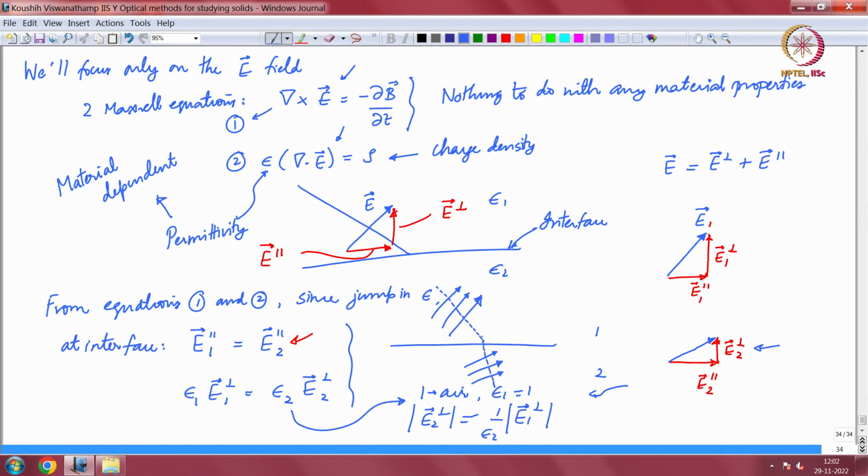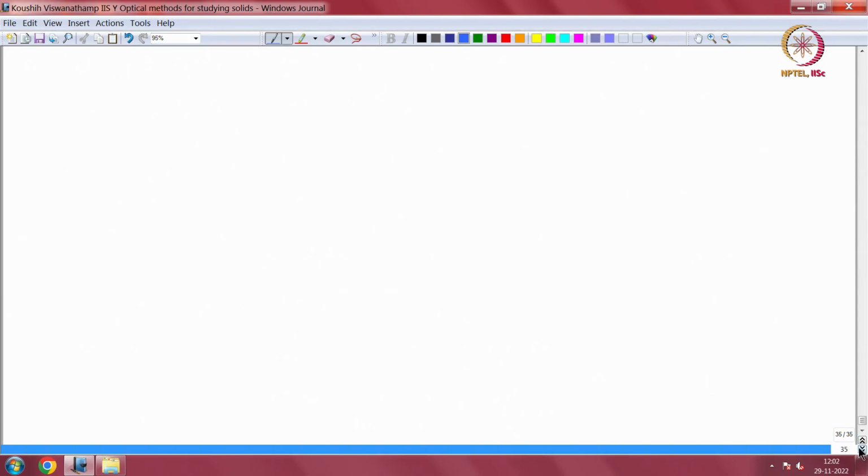This is the net result of the two equations that you see written down over here. So, the bending of this light is only because of this change in E2 bar.